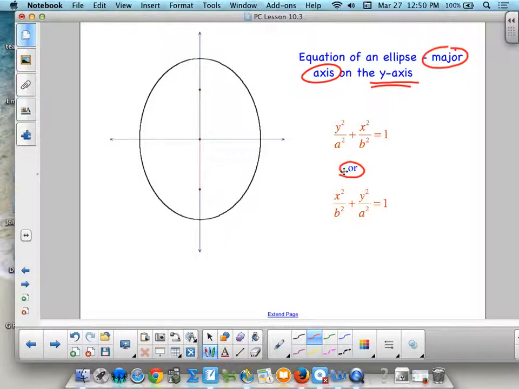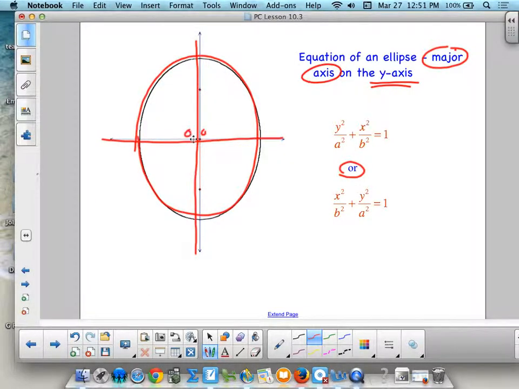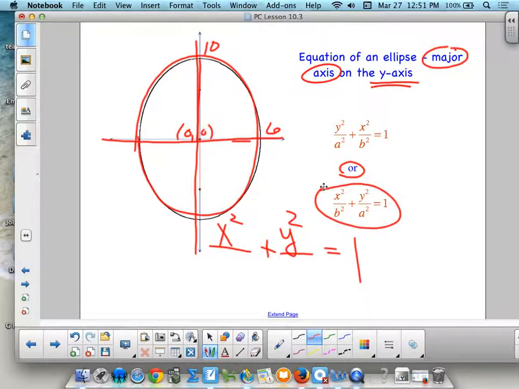Do you want me to do another one? Throw some numbers in? Okay, watch. This will be so easy for you. There is your ellipse. There's the center, 0, 0. Let's say this one is out 6, but this one's up 10. Write the equation. I'll just go x squared here, and y squared here. I'm going to go with this second one, just for fun.